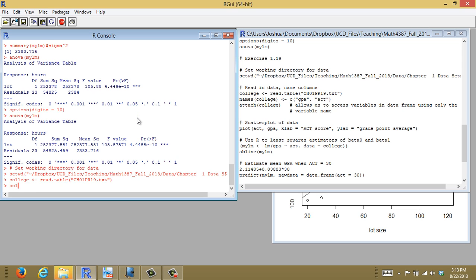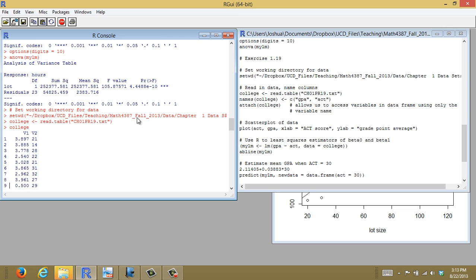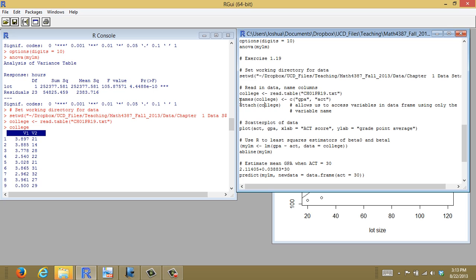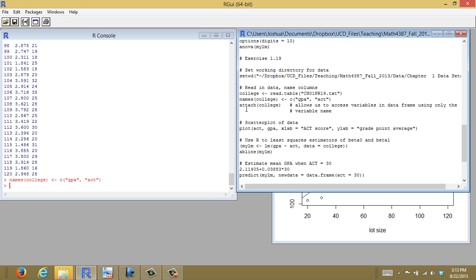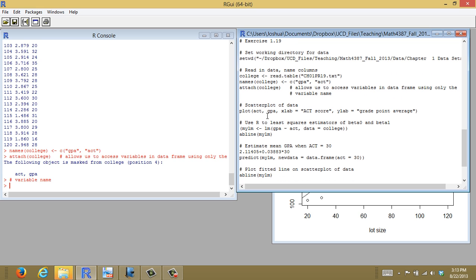By default, college doesn't have any names for the variables, just V1 and V2. So I name the variables in college. I'm going to name them GPA and ACT for the GPA and the ACT score. And then I'm going to attach that data set so I can simplify some of the later commands.